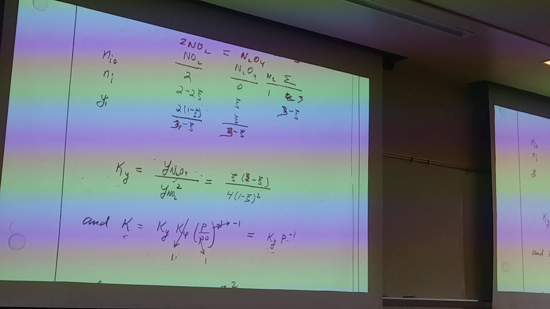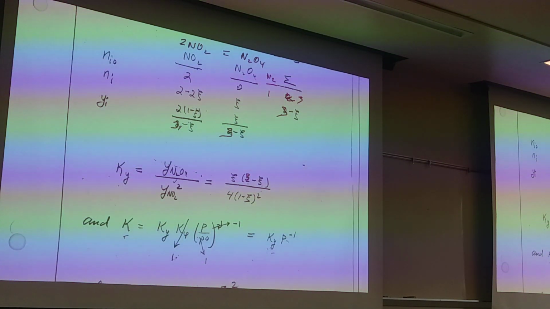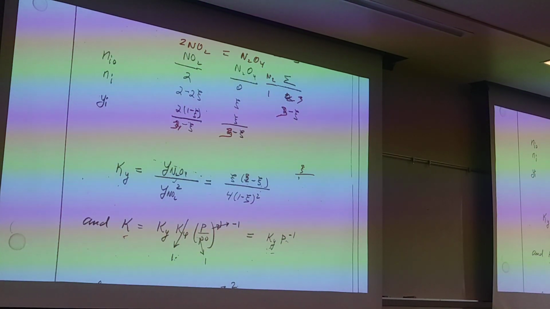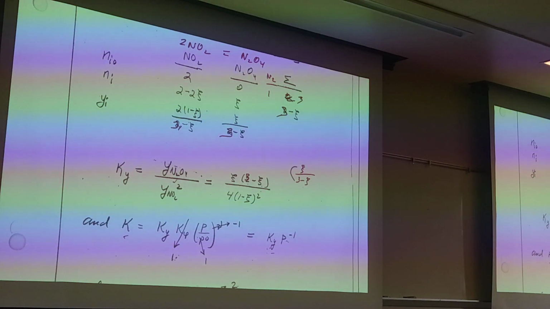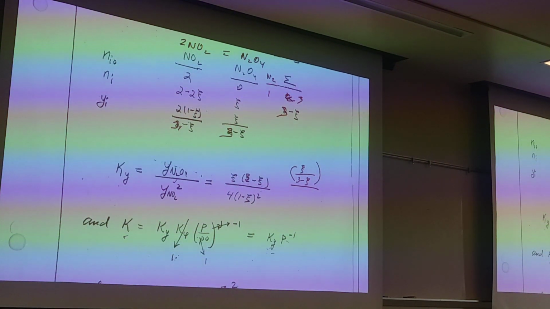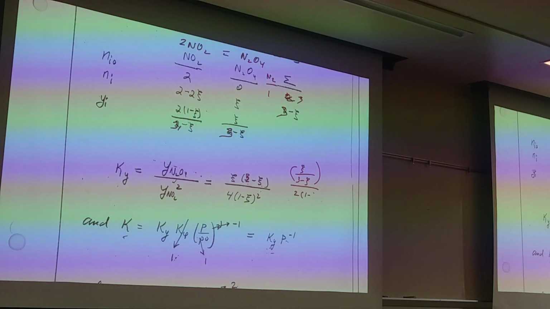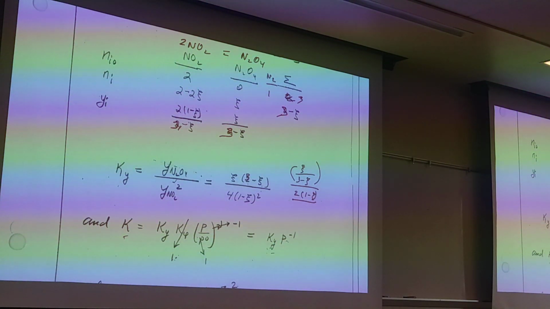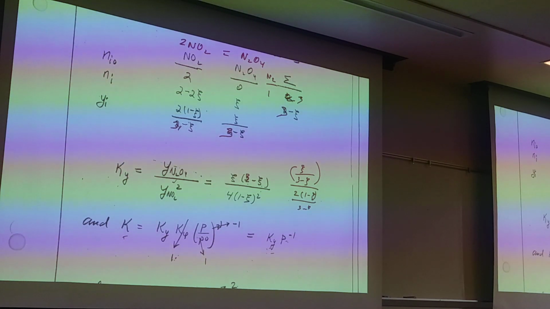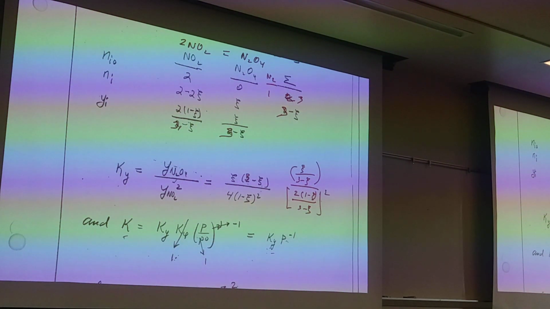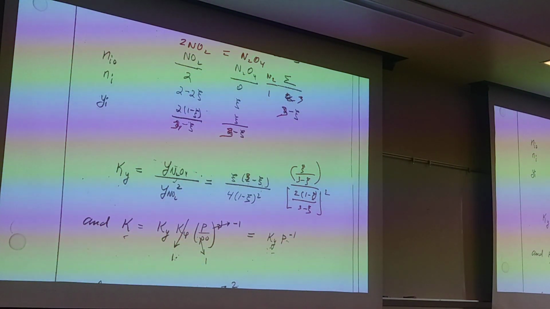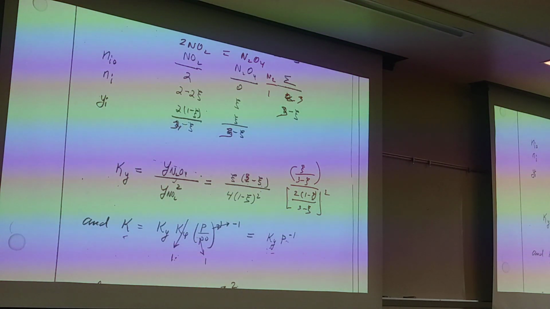So y N2O4 is going to be xi over 3 minus xi. And this is now 2, 1 minus xi over 3 minus xi, squared. And that will work out to this, now that I've got a 3 there. Okay.